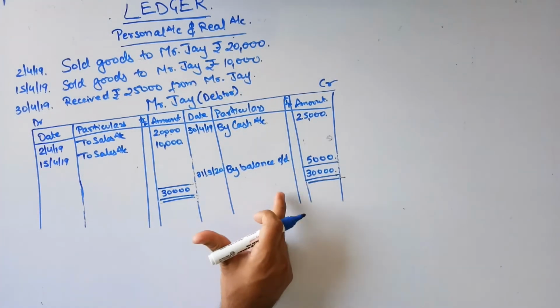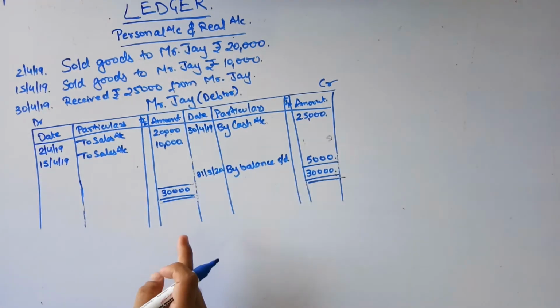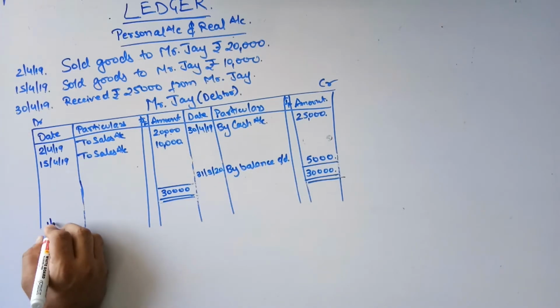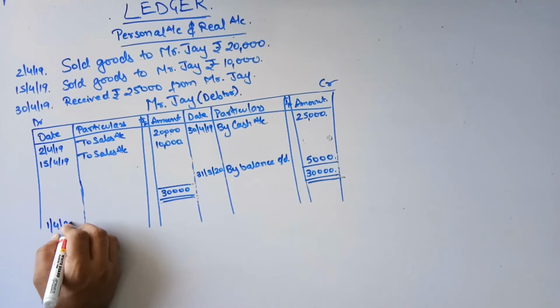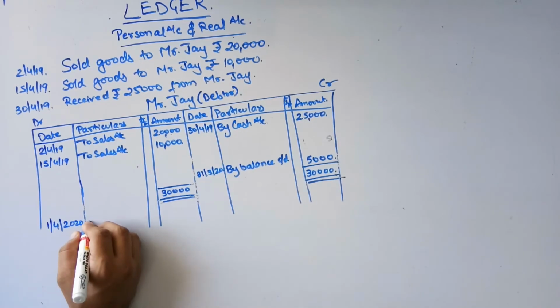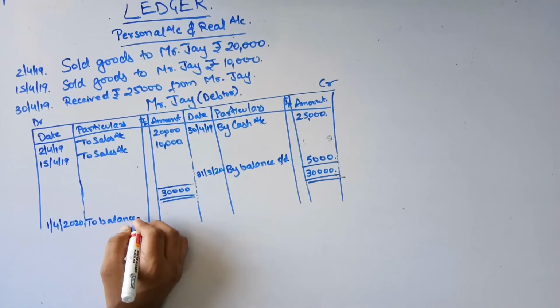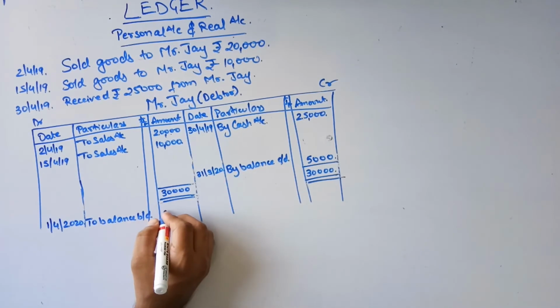This 5,000 is the by balance carried down of the last day of the accounting year, and what will it be on the next day, that is on the 1st of April? Over here on the 1st of April 2020, we will write it as to balance brought down.